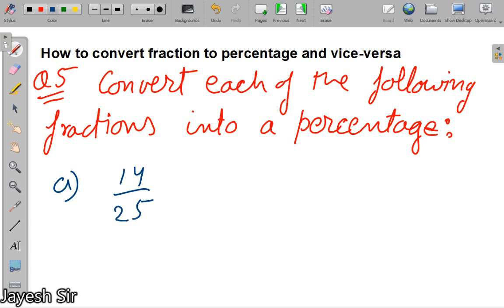So in order to convert this into percentage, what we will do is we will simply multiply numerator and denominator by 100. So this will be 100 upon 100.